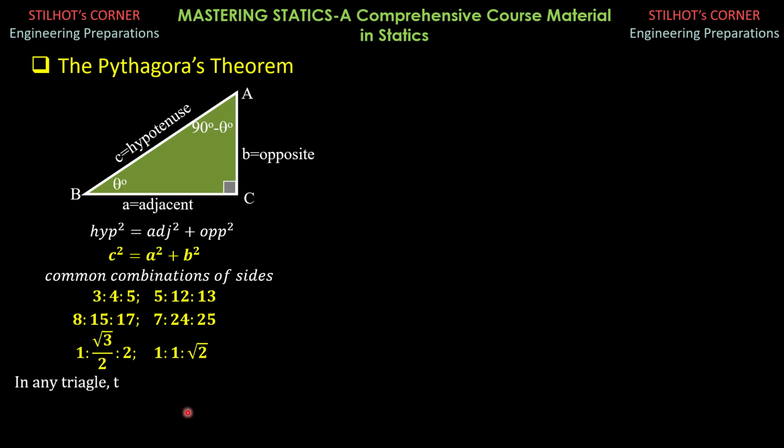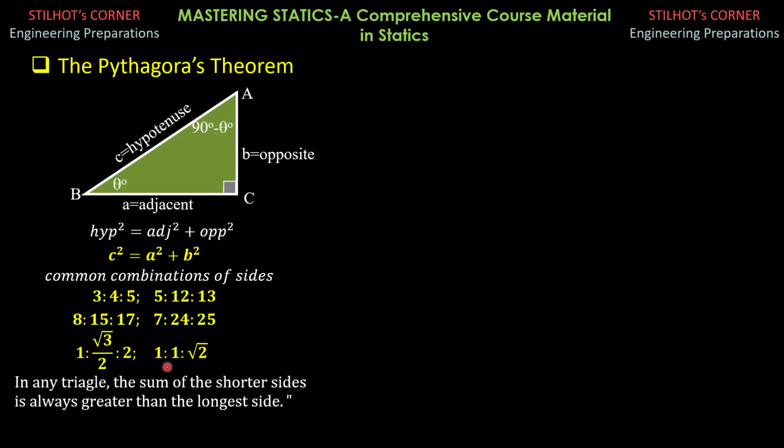By the way, in any triangle, the sum of the shorter sides is always greater than the longest side. So in this right triangle, if you add the shorter sides, 3 plus 4, it is always greater than the hypotenuse.